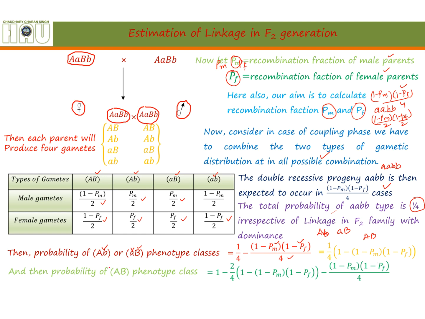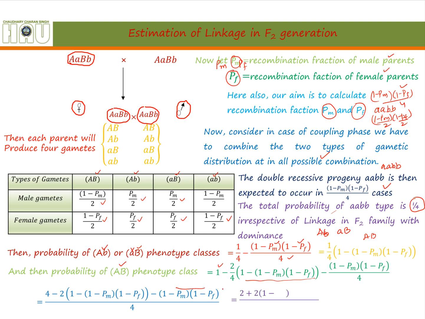So this is the probability of the AB phenotype class. If I take 4 as LCM, then this 1 is multiplied with 4 minus 2 times this side minus this thing. And on simplification, 4 minus 2 becomes 2 plus 2 times 1 minus PM into 1 minus PF by 4.